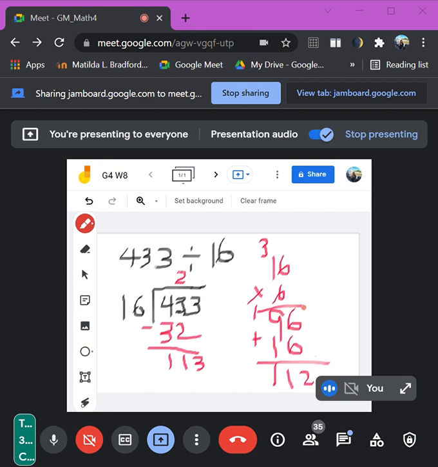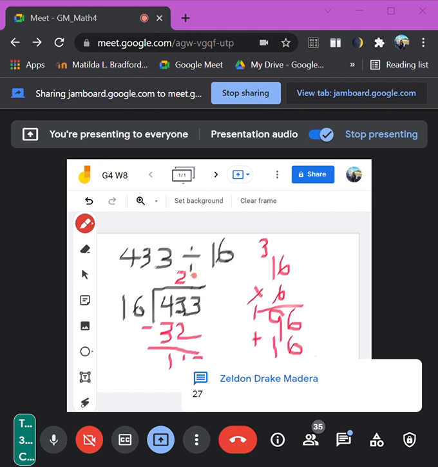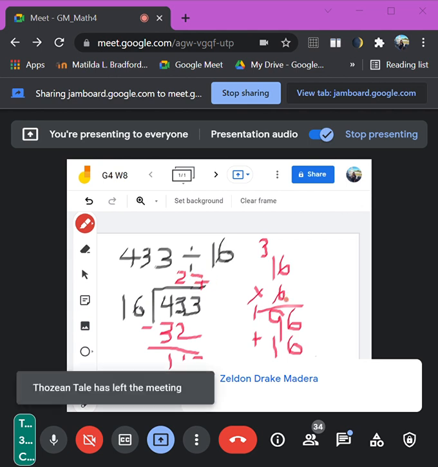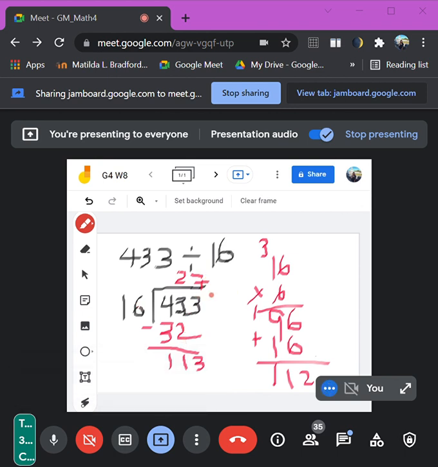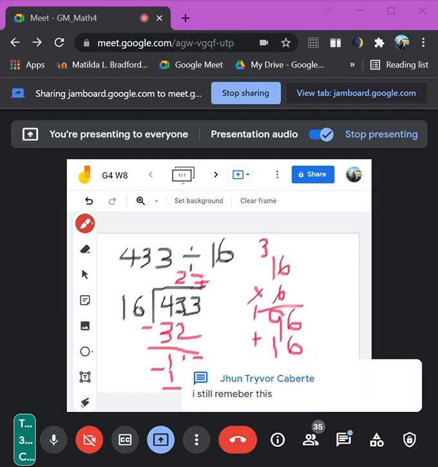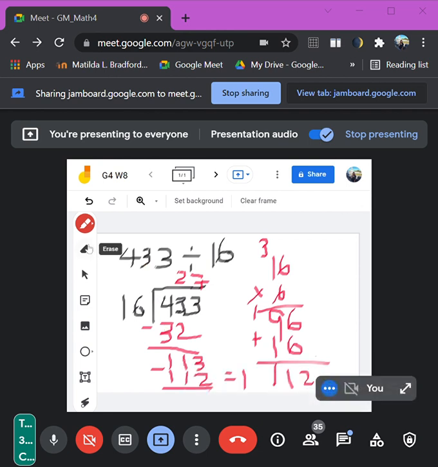So we can use 7 here, class, because we added one more 16 to the 6. So the answer is 27. Then multiply 16 times 7, that is 112. And then you subtract. So the result here is 1. You write it on the side, so it doesn't go in.